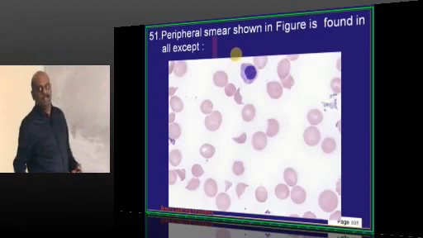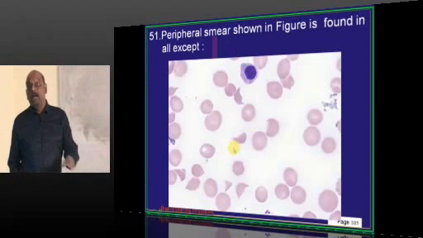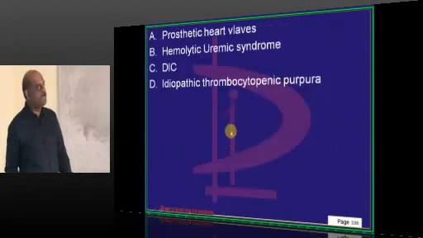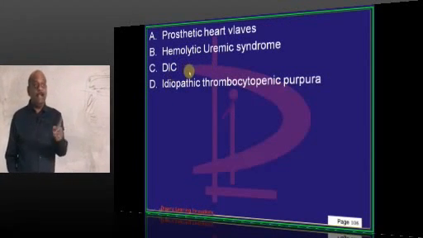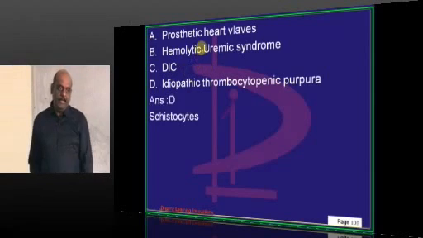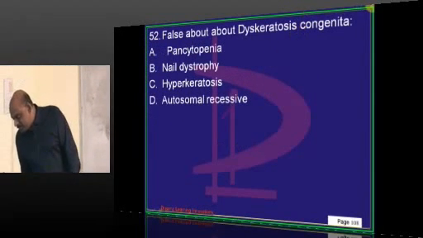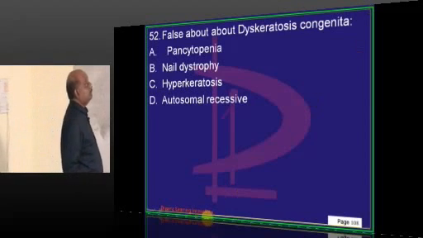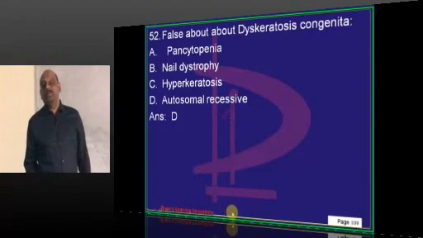So a peripheral smear typically has schistocytes. Schistocytes are a feature of a microangiopathic hemolytic process, typically seen in prosthetic heart valve, hemolytic uremic syndrome, and TTP, but not ITP, is what you need to remember. Dyskeratosis congenita, what is typically wrong about it? It is X-linked, not autosomal recessive.